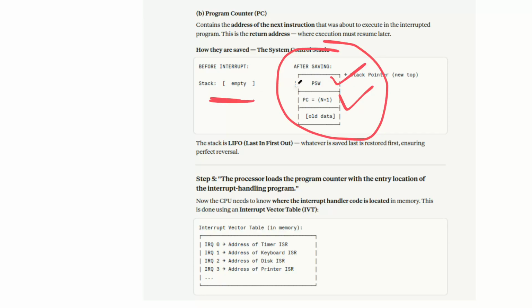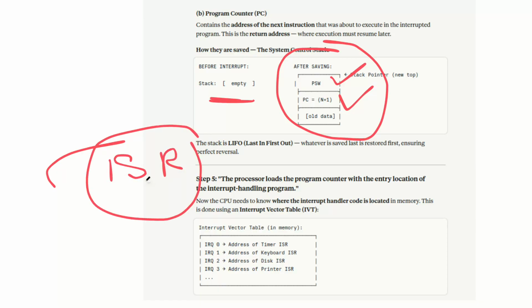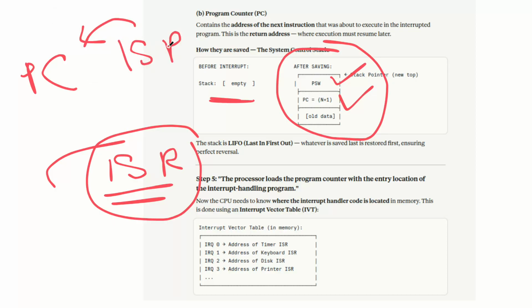Now we have saved the program counter value safely. What we have to do next is perform the interrupt service routine. The next instruction we have to perform is the interrupt service routine, so the program counter has to load the address of this interrupt service routine.